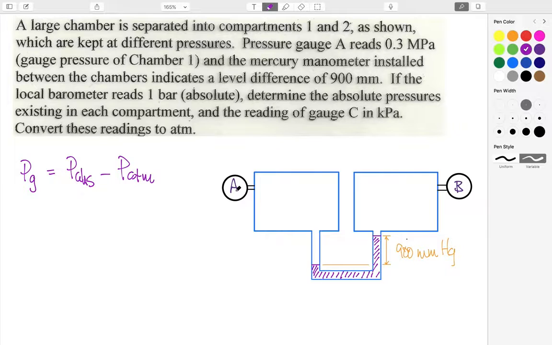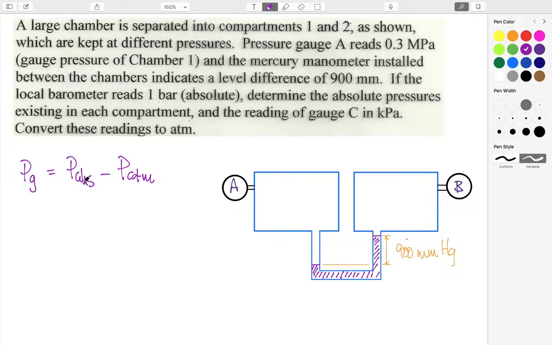So this gauge is designed to measure a difference in pressure. It's really looking at the difference between the outside pressure and the inside pressure. So in fact, this gauge reading would change if the outside pressure dropped, because that would create a larger gap between the inner pressure and the outside pressure. So you have to keep that in mind when you're talking about gauge pressure.